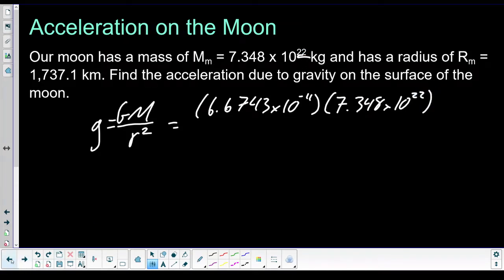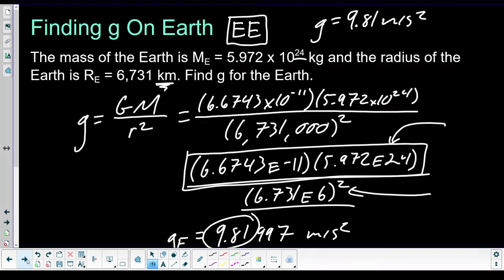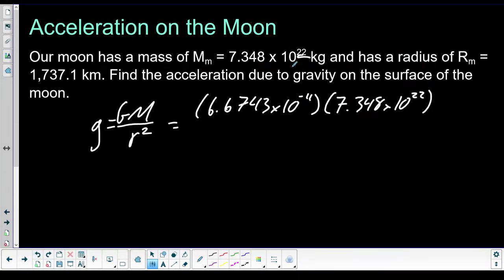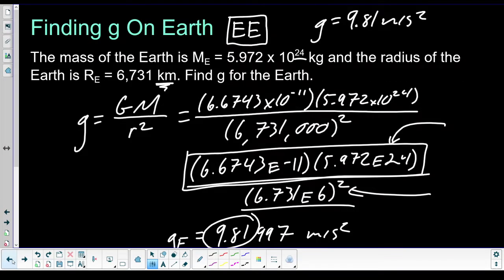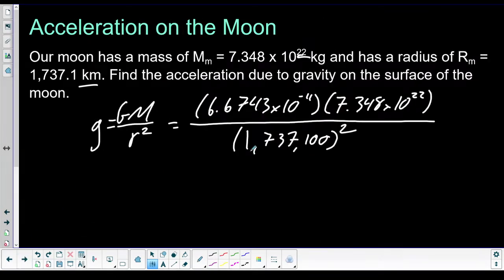Notice how this is 22 and the Earth is 24. Our Earth is like 100 times more massive than the moon. That's pretty big, huh? Divided by our radius of, remember, convert kilometers to meters, 1,737,100 meters squared. How big is that compared to the Earth? The Earth is 5 million kilometers bigger.